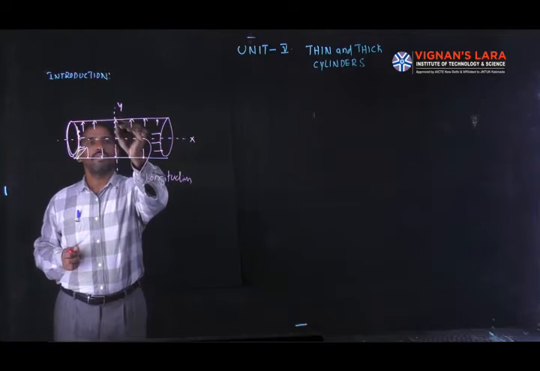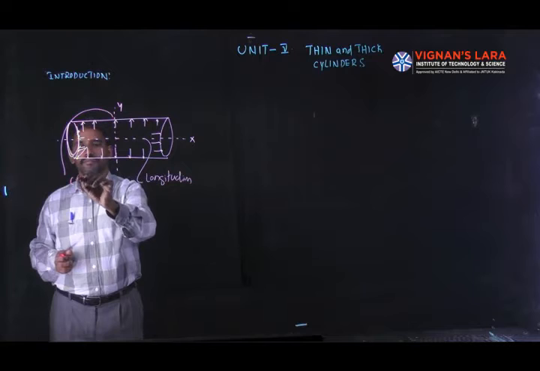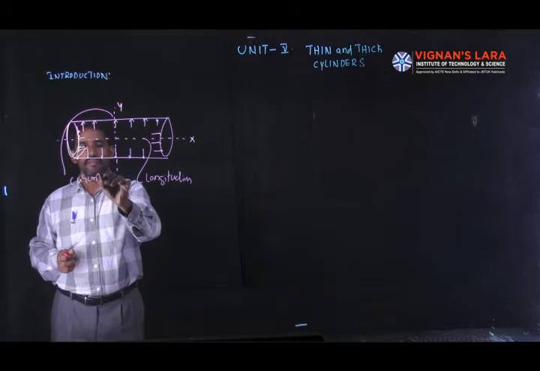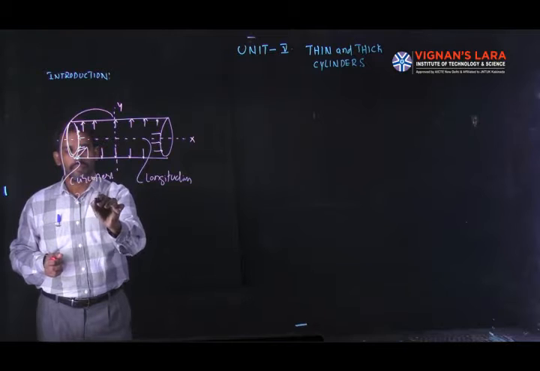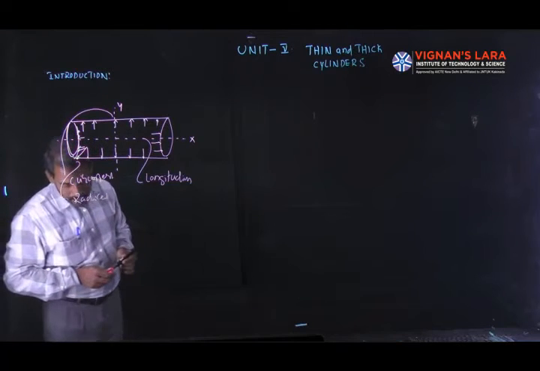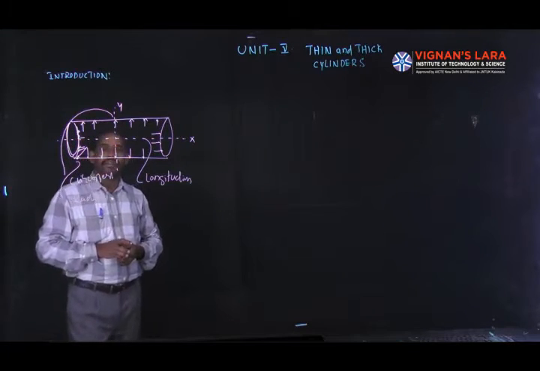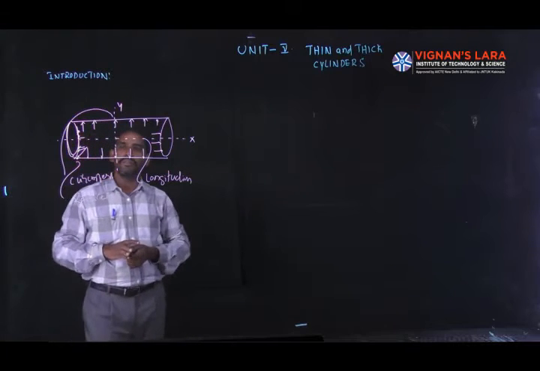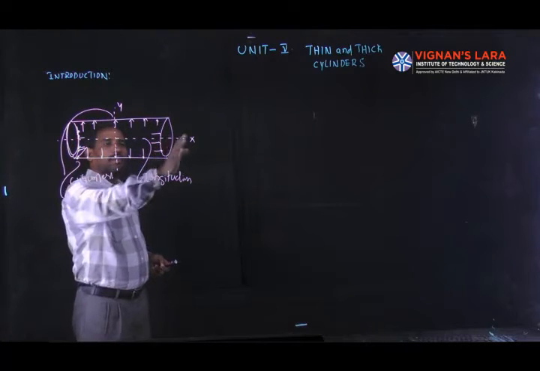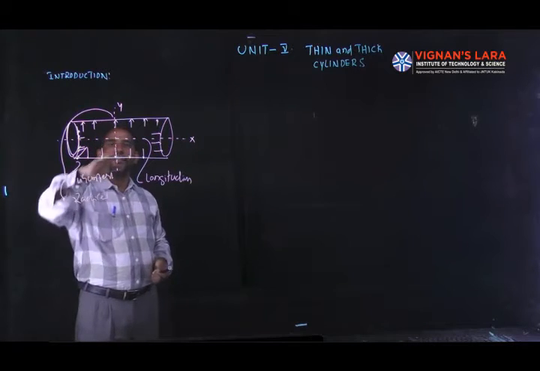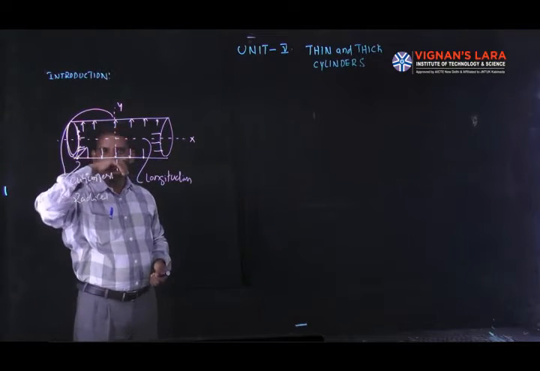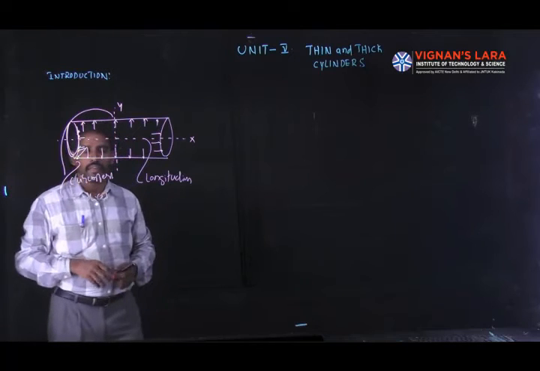This is called circumferential. The third one is the radial. So we have to calculate the stress induced along the length of the vessel or cylinder, as well as circumferentially and radially.